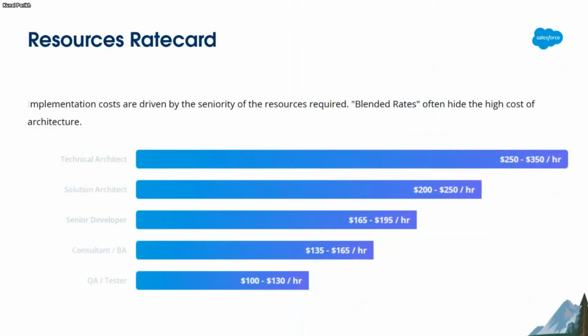Then moving to the resource rate. This changes from region to region, depending on the team size, how you provide your pricing, and the customers you are targeting. This is just an average rate card for a typical Salesforce team.